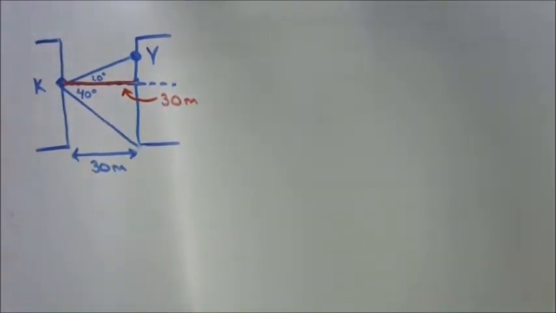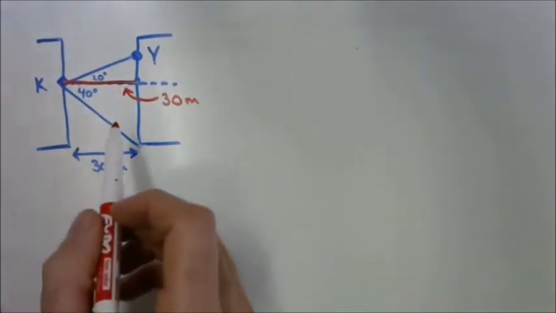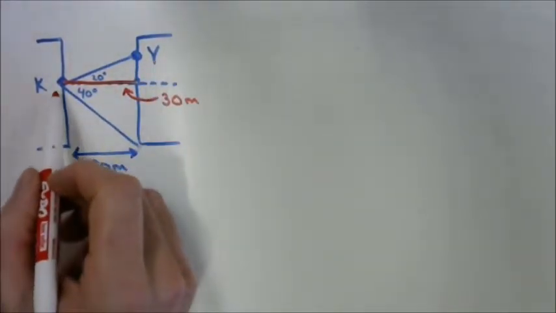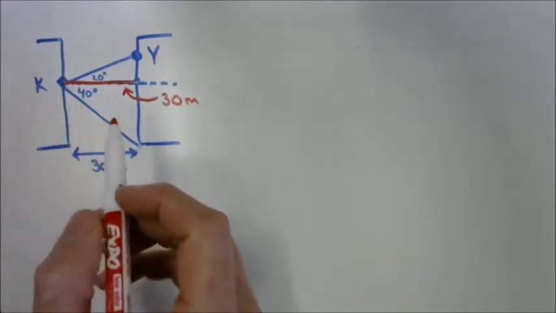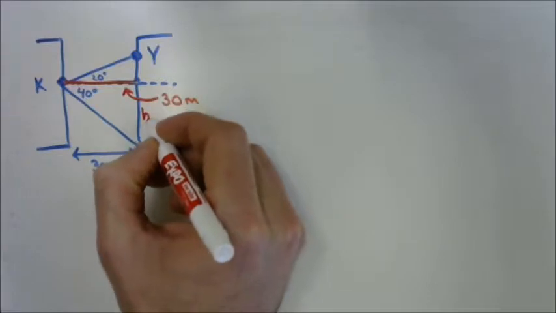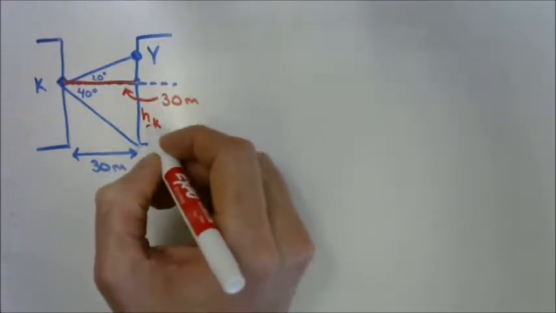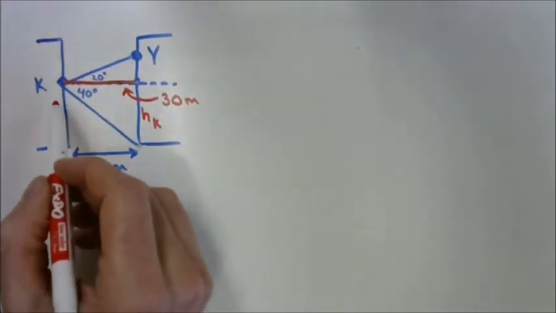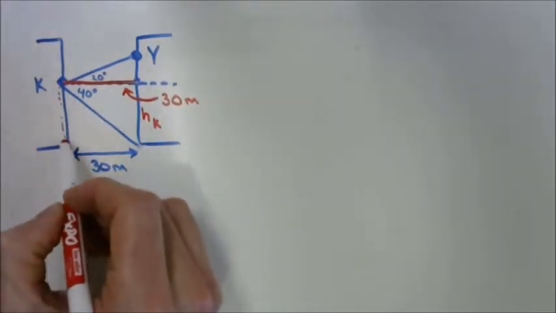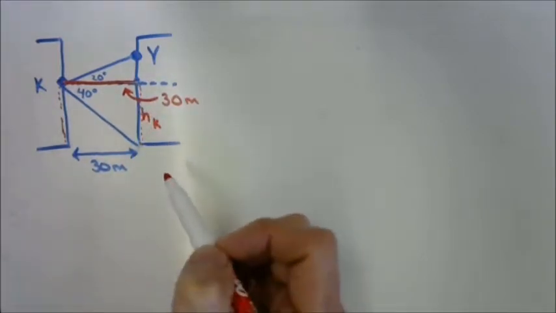Well, now we can use that information and apply it to finding the height of Yuri's balcony. But first we're going to apply it to find the height of Kim's balcony, because now we have enough information to find this side, which we'll call h sub k, which means the height of Kim's balcony, because the height of this right here, Kim's balcony, will be the same as the height right there.